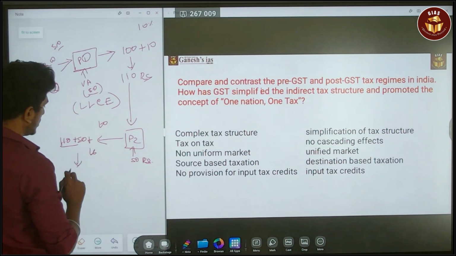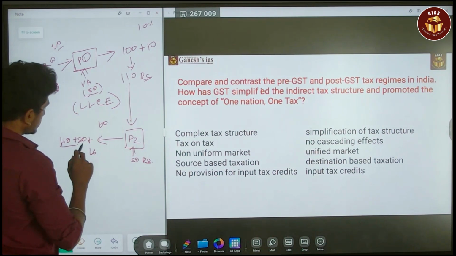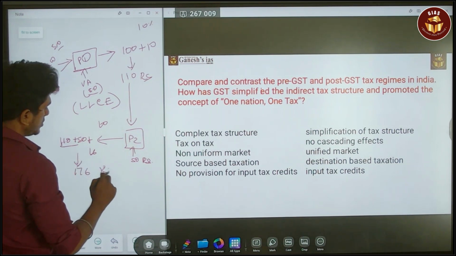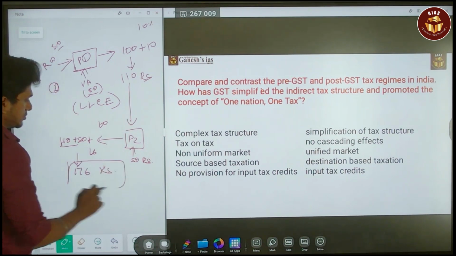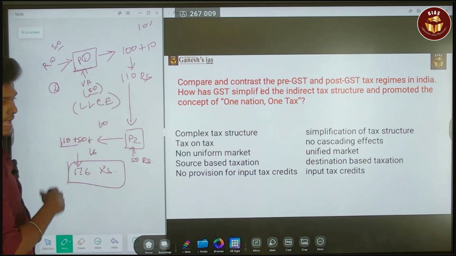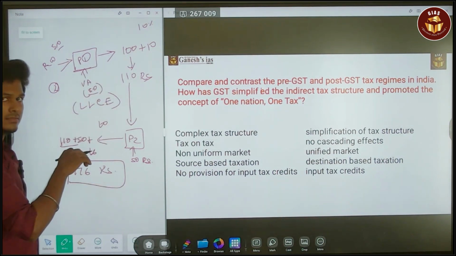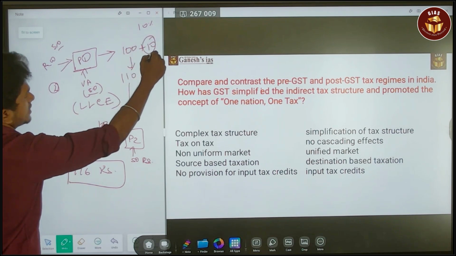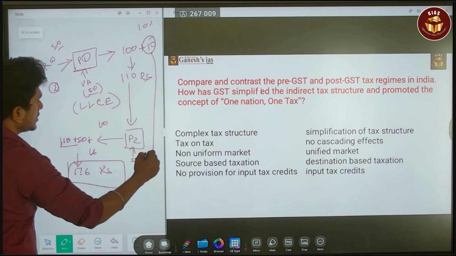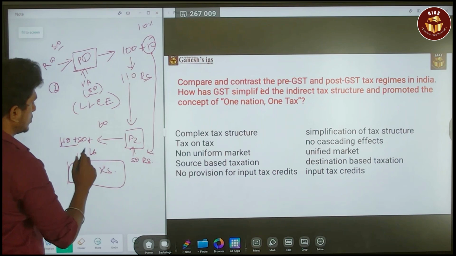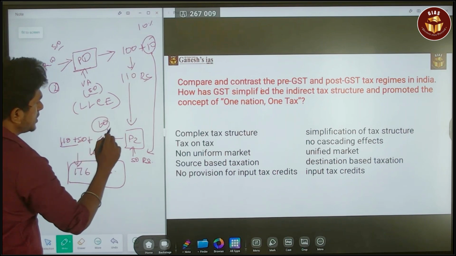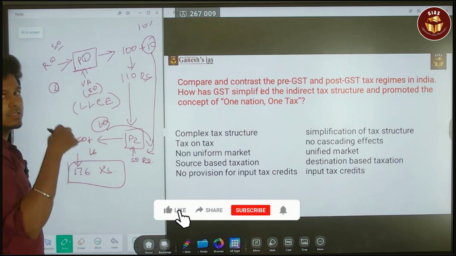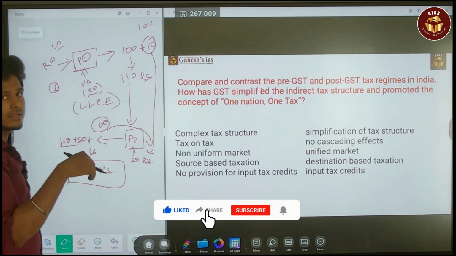So that leads to a price of 176 rupees. These are the things that happened in the pre-GST. See, this 10 rupees is tax. You put the tax on this tax. Here also you are putting 10% tax on that 10 rupees of tax. So this is called the cascading effect, or tax on tax.